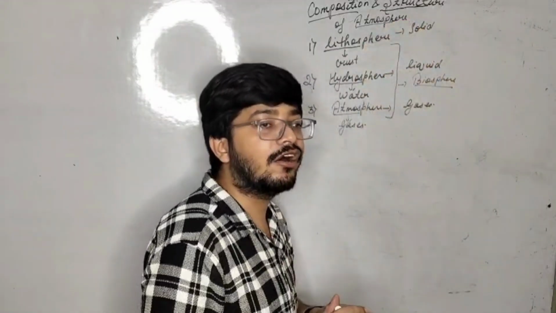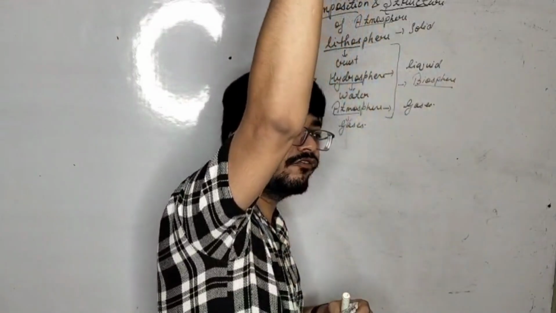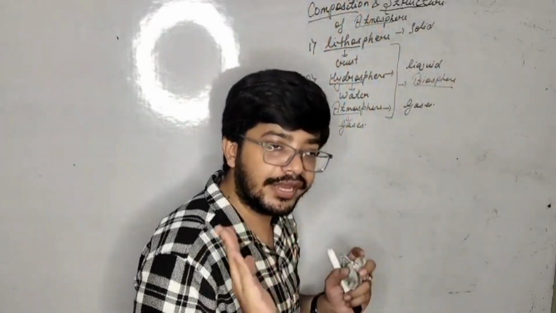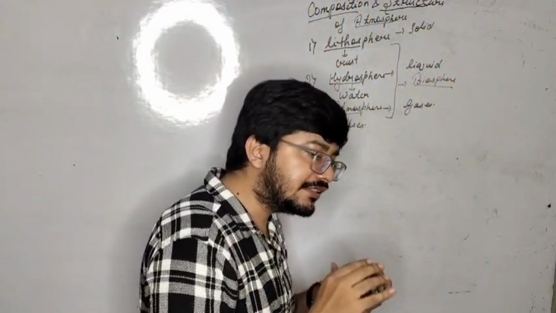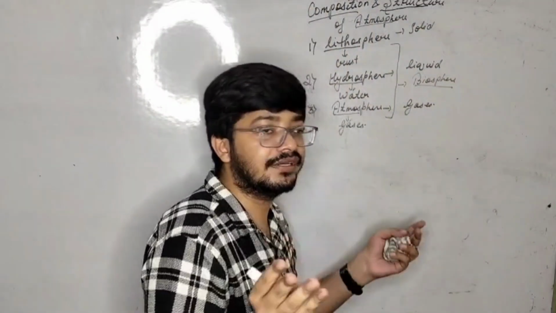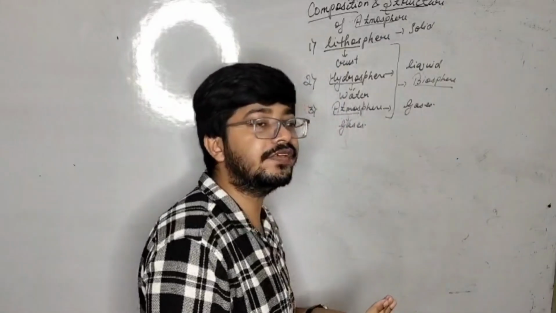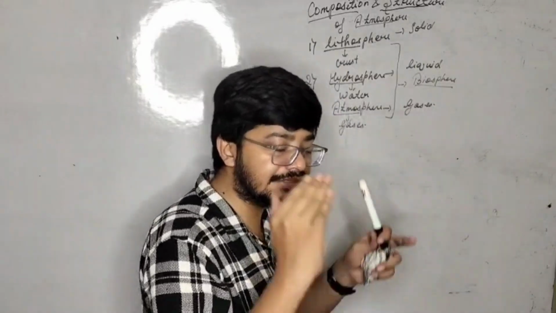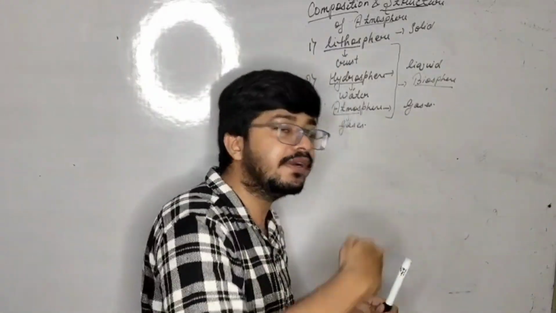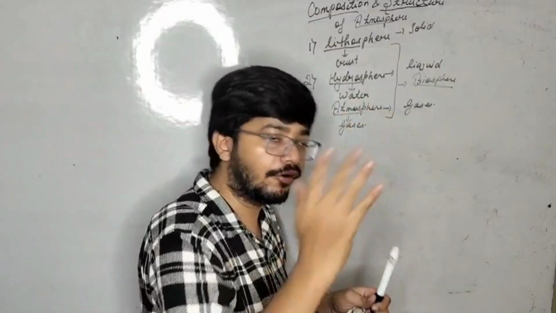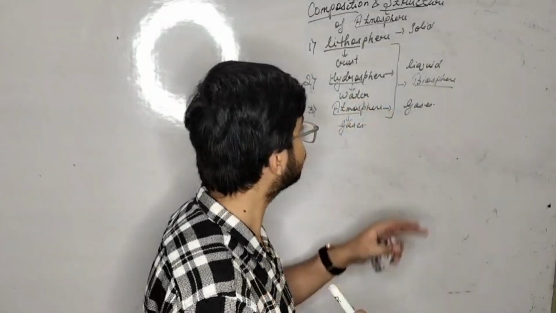The reason behind it is that only a very thin layer is pressing from above. So the density of the different gases differs. At the lower surface the density is high, and as we move up, the density decreases. Okay, understood?